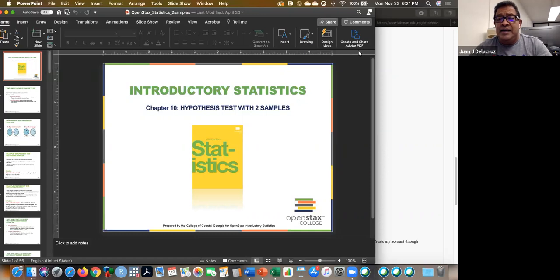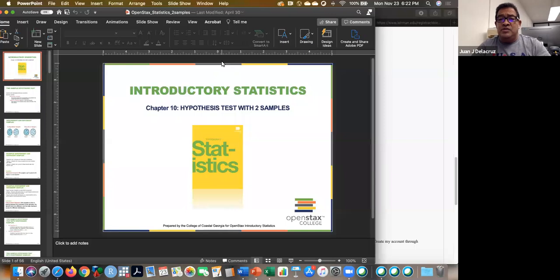In the critical value approach, remember, we find the critical value that separates the rejection from the no rejection area. And if my test statistic falls within the rejection region, we reject, otherwise we fail to reject. So these 2 methods are very important.